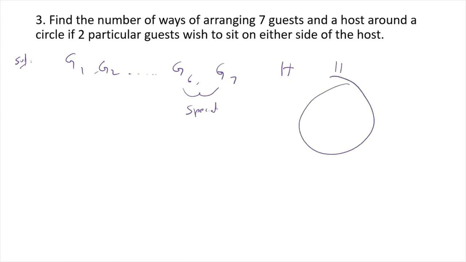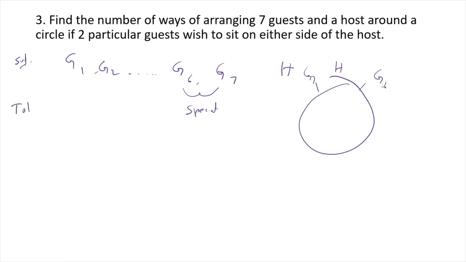So if you are sitting here, you want these special people G6 and G7 to sit here. Or else you can swap these two. You can have G6 on your left side and G7 on your right side. But these two want to sit beside you. That means you three want to sit together, and in that sitting together, these two want to sit on either sides of you.